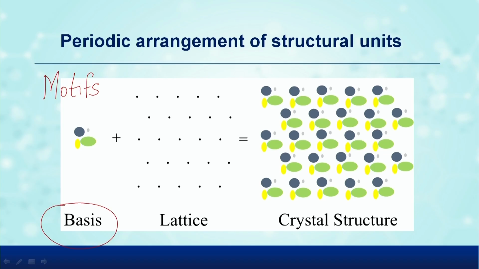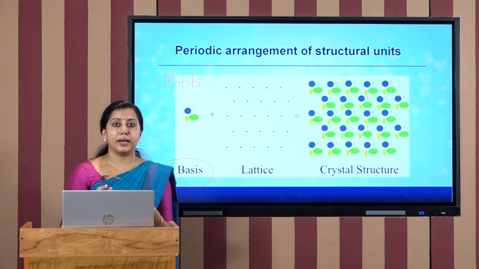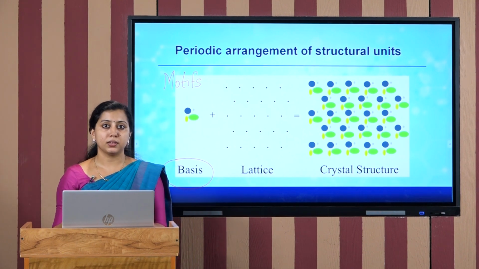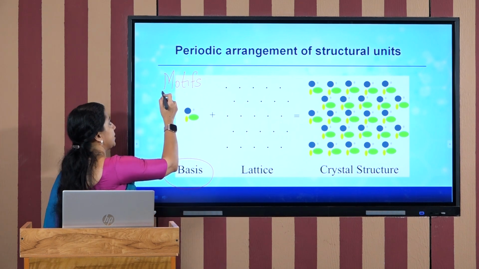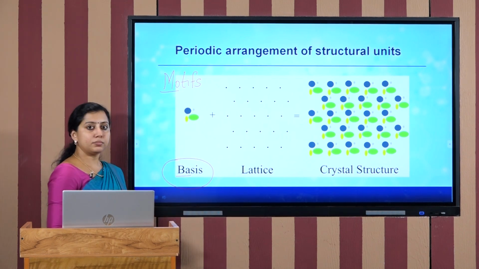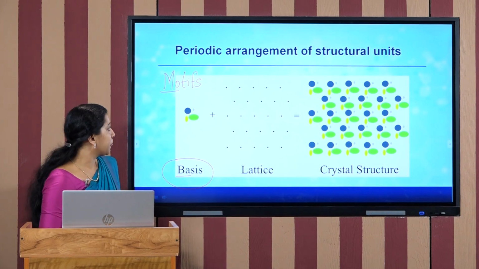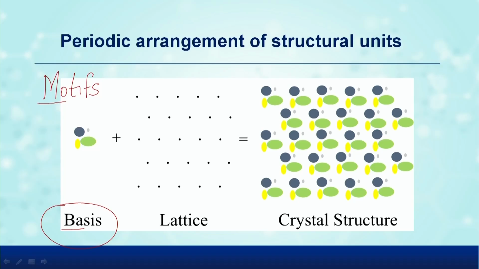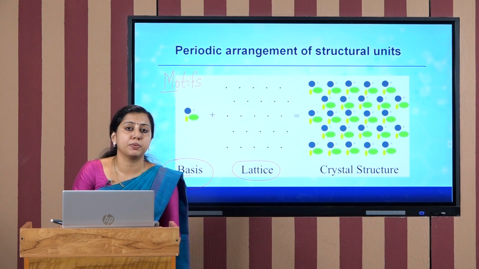So, structural units which can be atoms, ions or molecules can be also called as motifs or bases. Now, on the figure, you can see another term called lattice. So, in the previous class, when we discussed about crystal planes, I also mentioned about the lattice plane. Okay, crystal planes are also known as lattice planes.